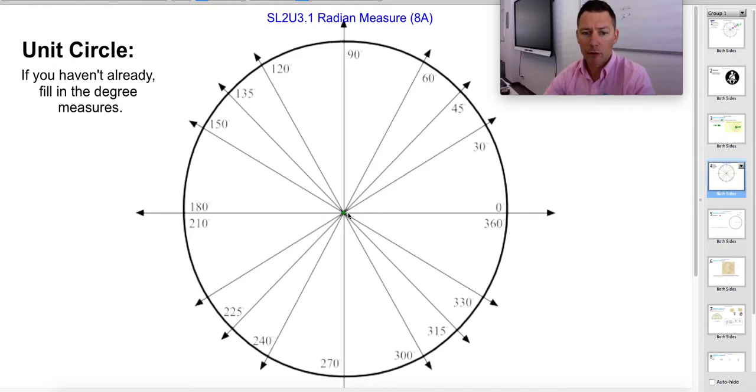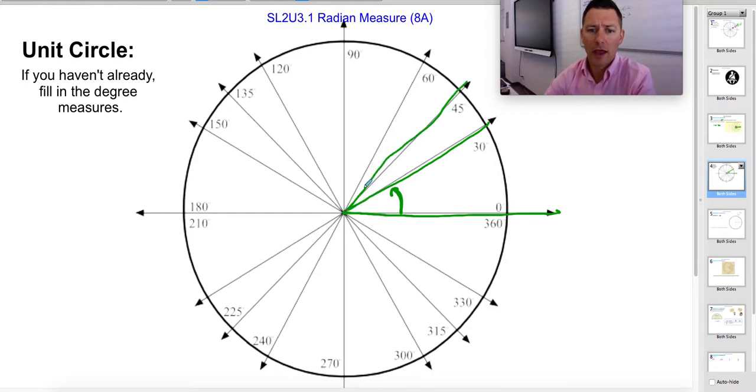We start at 0, and as we angle up, we start going up into the first quadrant, because this is where the positive x's and the positive y's are. That's why they call it the first quadrant, actually. And so the first angle you get to is 30, and then 45, and then 60, etc.